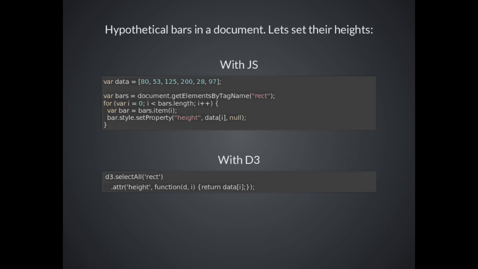So let's say we have some hypothetical bars in our document, right? We want to set their heights. Now, with plain JavaScript, again, just to make sure everyone's on the same page, it's okay if you don't know JavaScript, but for those of you who don't know anything about the web, JavaScript is a programming language that's executed in the browser, right?